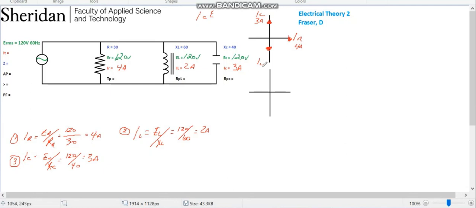So that is my IL, 2 amps. So I would go, okay, 3 minus 2 gives me 1. So I would mark this one out here as being 1 amp. That would be my amperage IXT. So I could go like this and draw it like that, showing that the current is ahead.